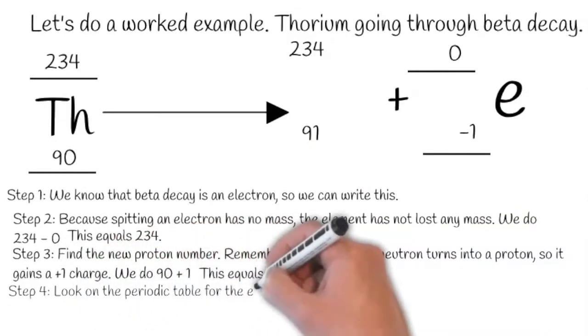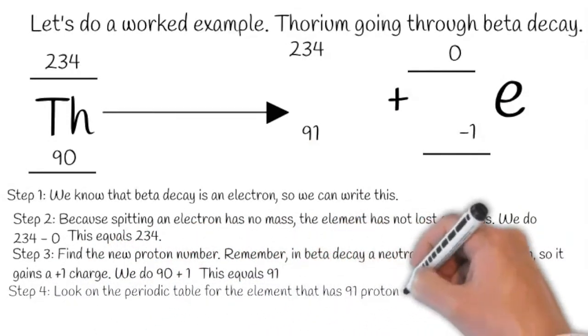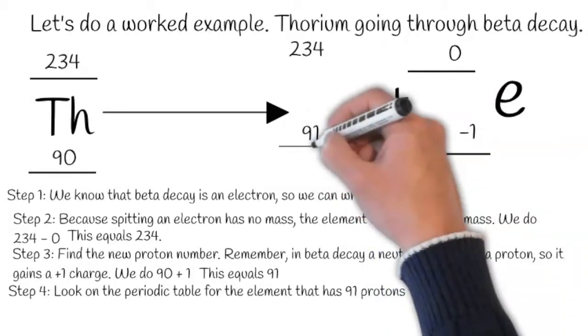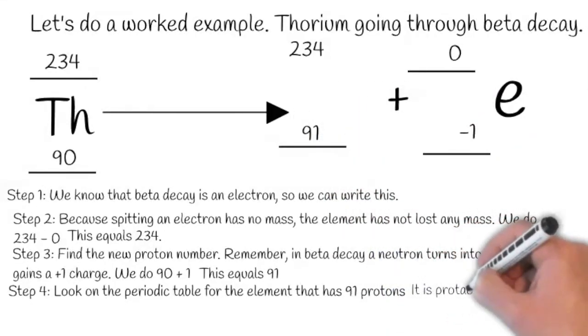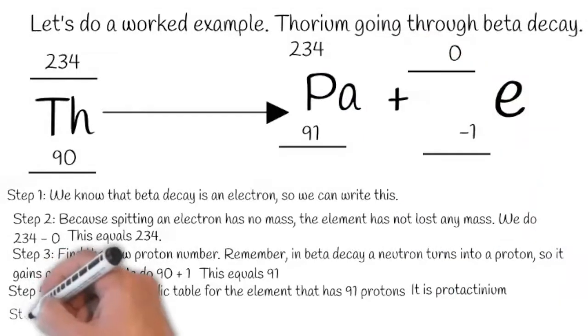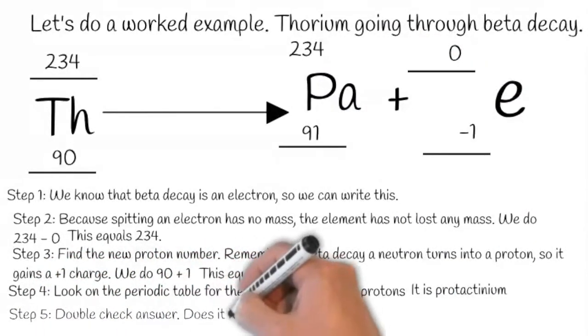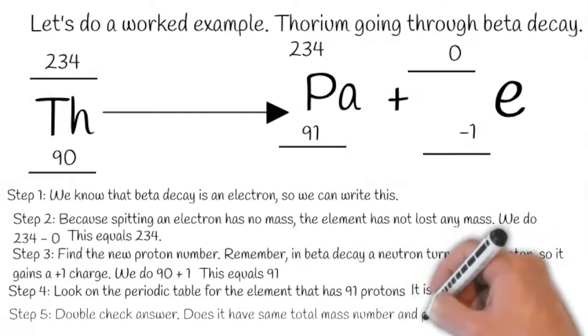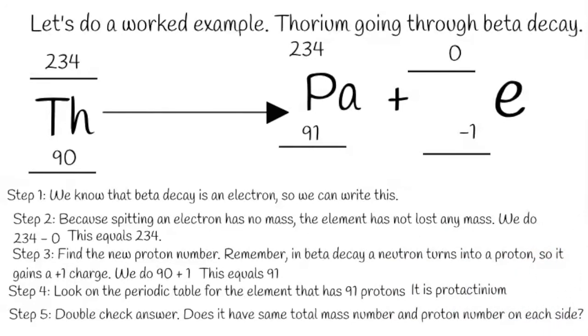Then we need to look on the periodic table for the new element that has 91 protons. It's protactinium. Then we need to double check the answer. Does it have the same total mass on each side and the same proton number on each side? Yes, it does. Therefore, we must be correct.